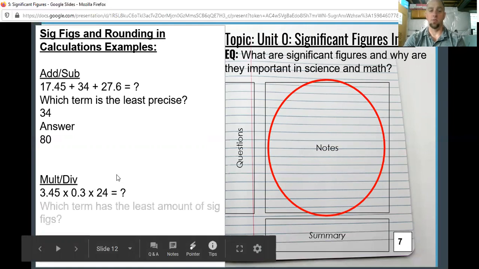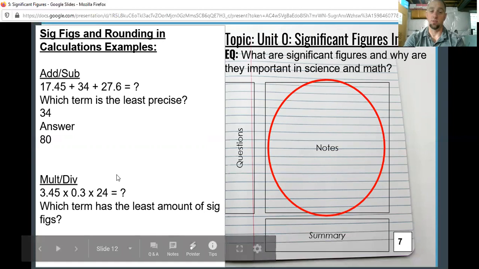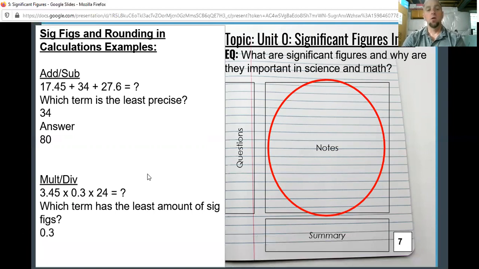So what's our answer going to be? Which term had the least number of significant digits? It was 0.3. Since 0.3 had the least number of significant digits at 1, our answer can only have one significant digit. If you punch this in, you probably got 24.84.